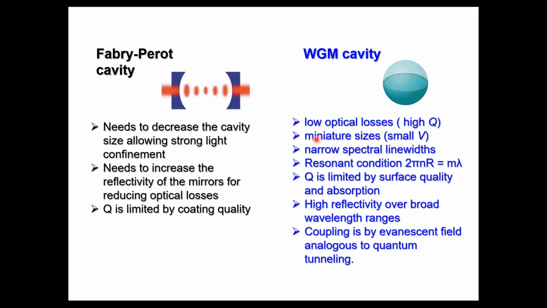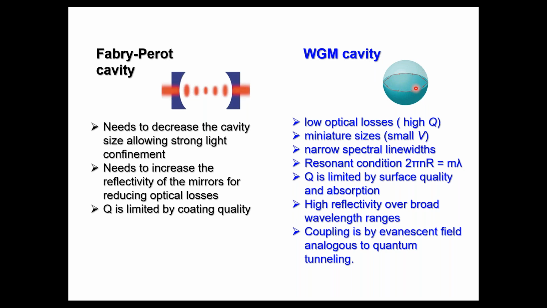But here, in the case of WGM, it is low optical losses. So you don't have any mirrors. The surface quality of the sphere will directly determine the Q factor. So low optical losses, miniature sizes are possible. You can imagine such spheres of a few micrometers, tens of micrometers or hundreds of micrometers, which you can very easily fabricate. Narrow spectral line widths.